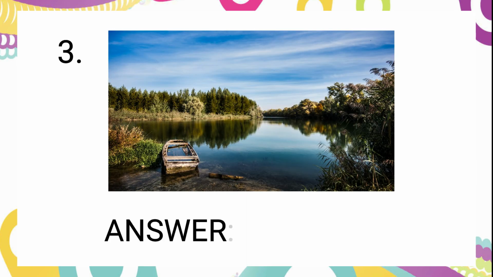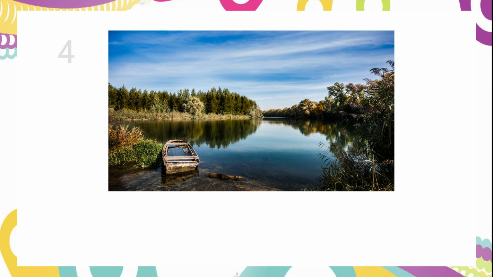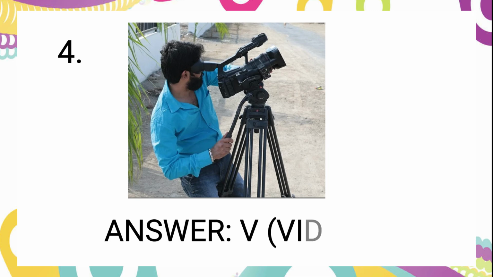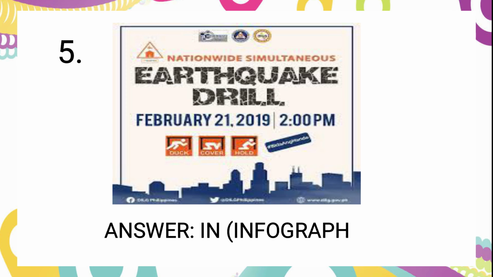For number 3, the answer is I for images. For number 4, the answer is V for videos. And lastly, the number 5 answer is IN for infographics. Did you get the answers correctly? Good job!